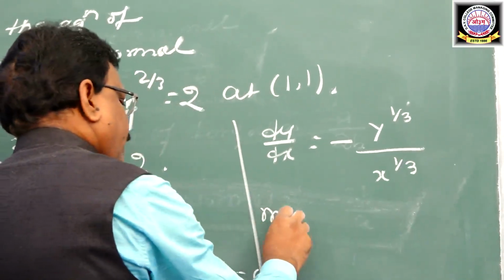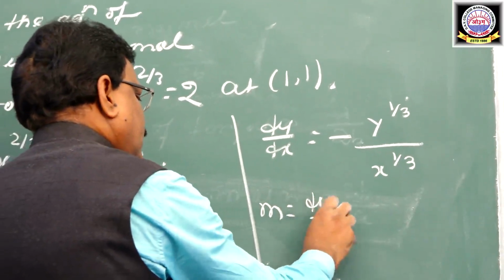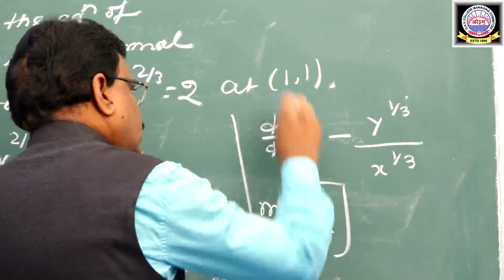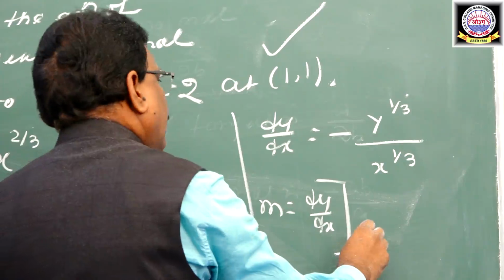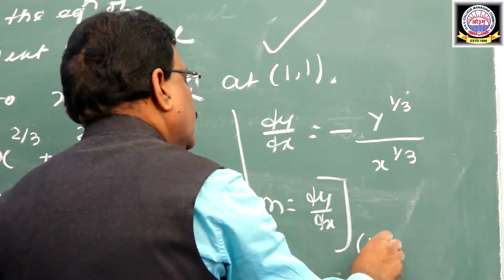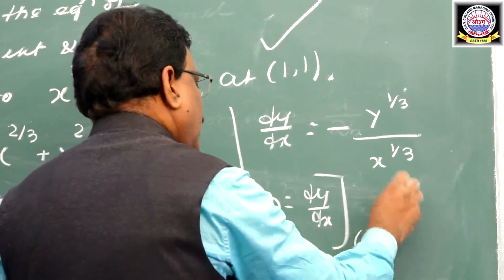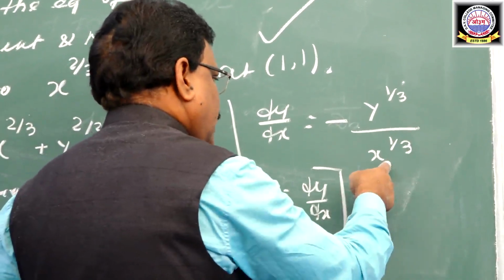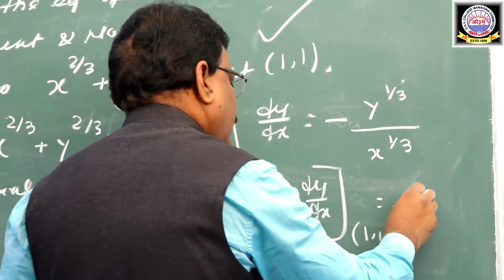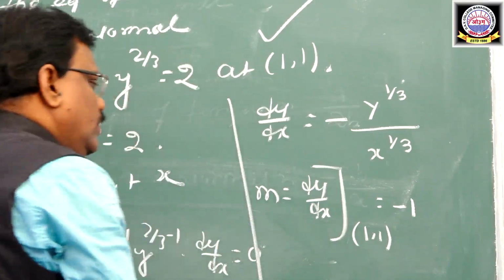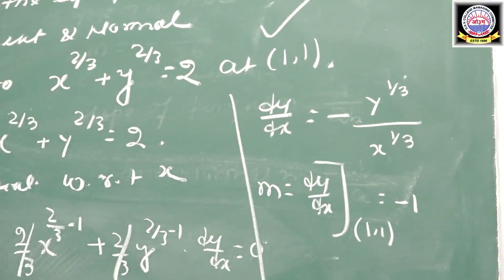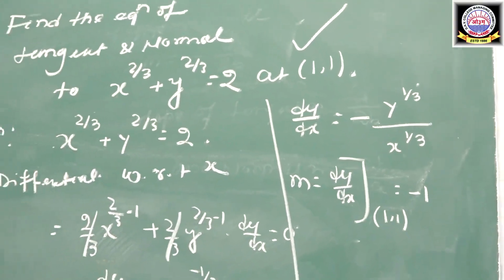So the slope m, that is dy by dx, and the suggested point is 1, 1. Putting the values of x is equal to 1, y is equal to 1, we are getting m is equal to minus 1. That is the slope of the tangent.